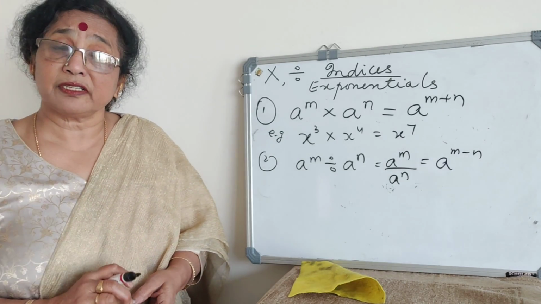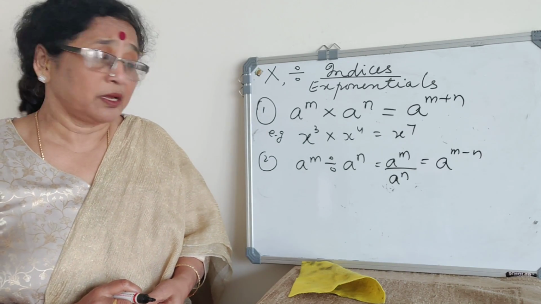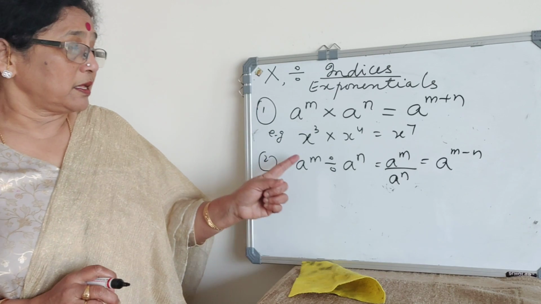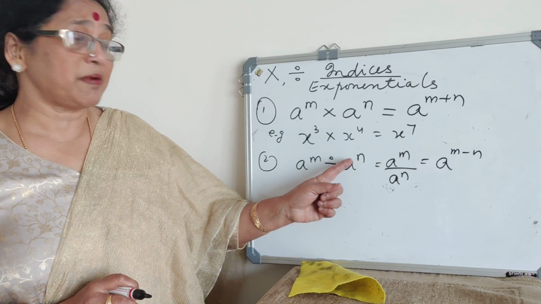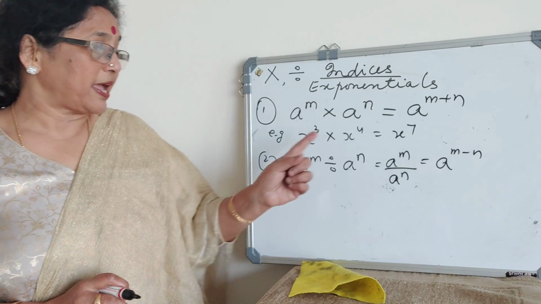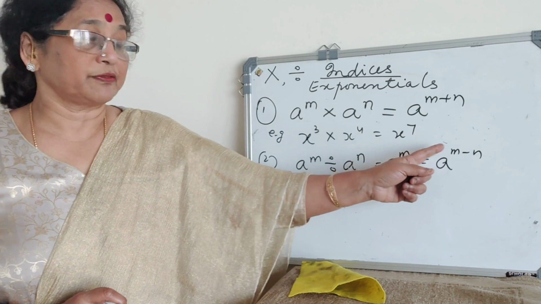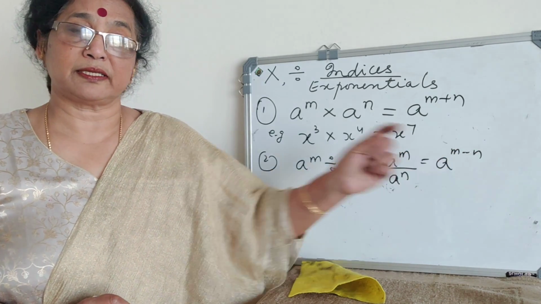Both answers are different. 4 minus 3 is 1, 3 minus 4 is minus 1. So therefore, for a to the m divided by a to the n, the divisor's power becomes negative, and the first number, which stands in the numerator, stays positive: a to the power of m minus n.